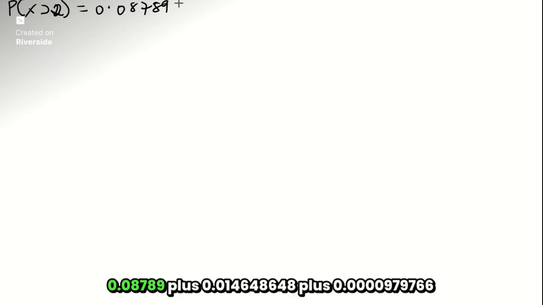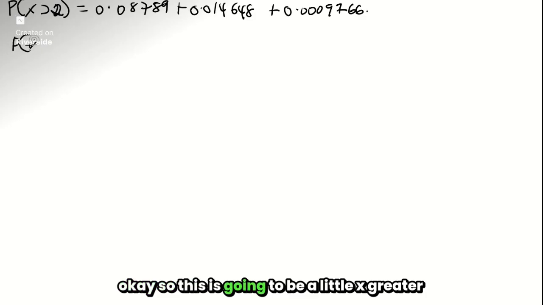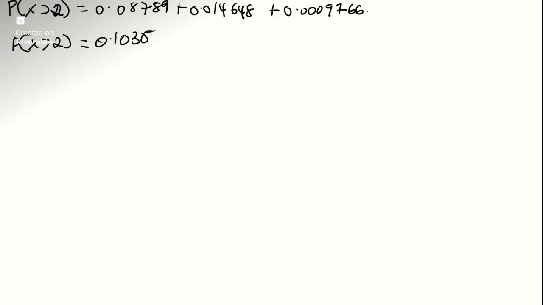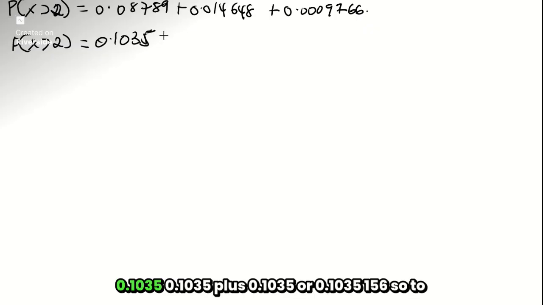So the probability of X greater than 2 is 0.08789 plus 0.014648 plus 0.000976, which equals 0.103516.